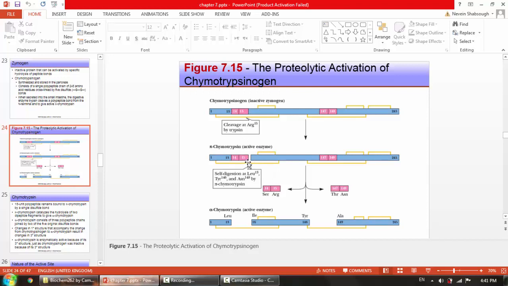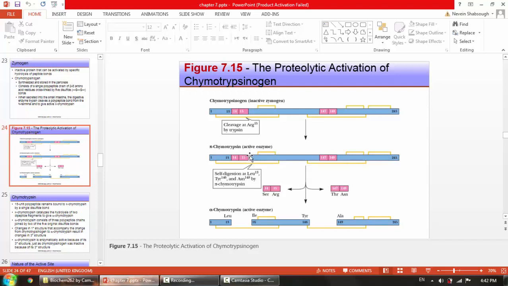Here, at this position, we have the isoleucine residue, where we have an amino group with a proton. Now this protonated form is involved in an ionic bond with the carboxylate side chain of aspartate residue 194.